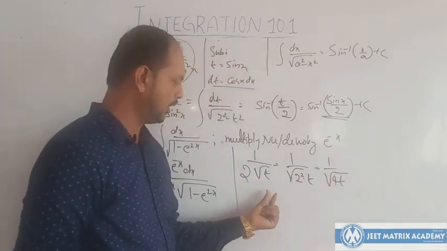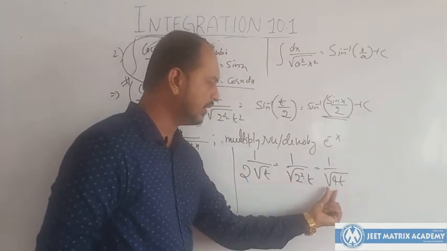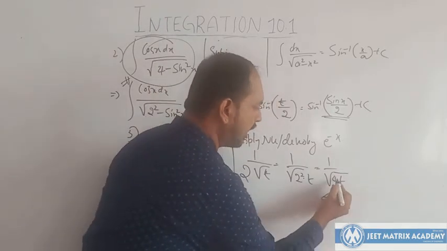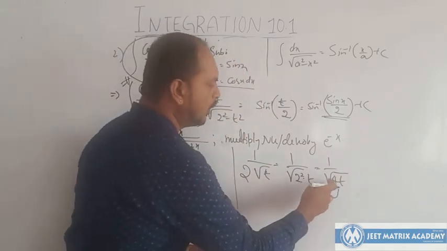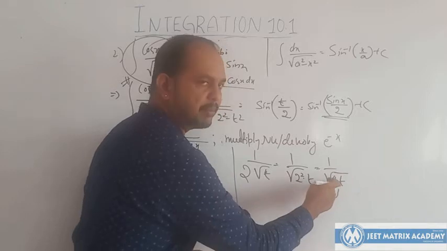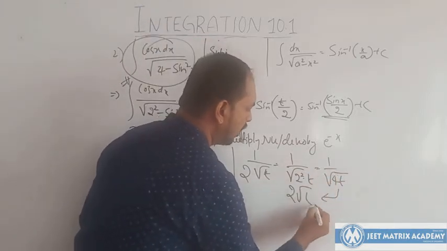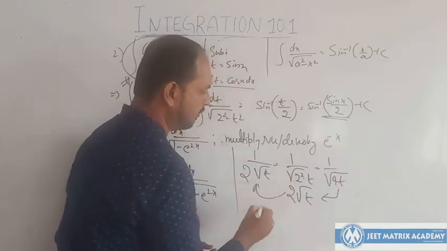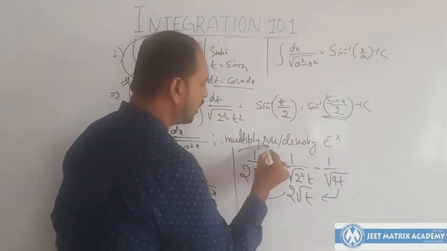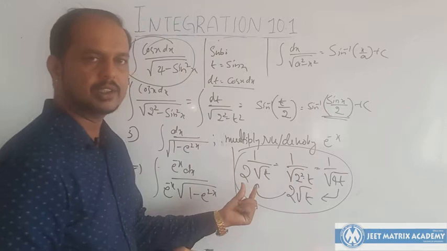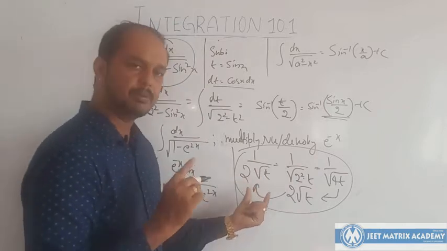Hope you understood. Similarly, if I want to take 4 outside, you should apply the square root to that particular constant. That means the square root of 4 is 2. It will be the same. This is a very important step, and it is a simple step, but people get confused.